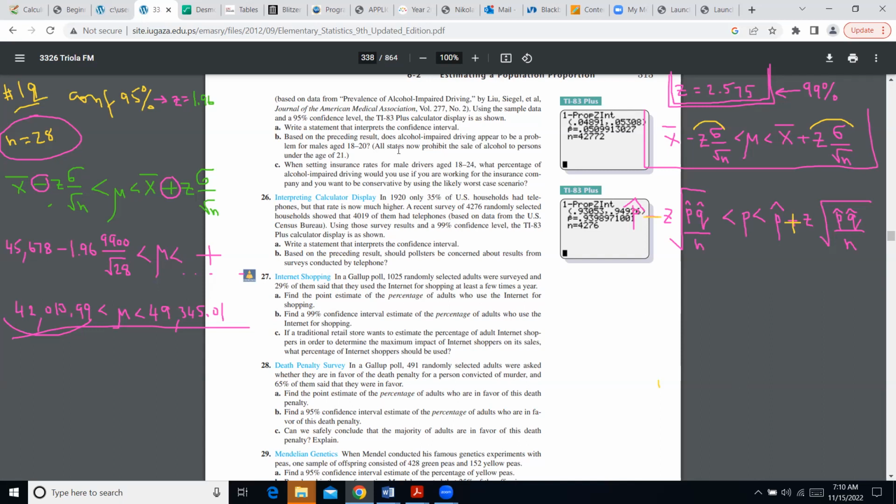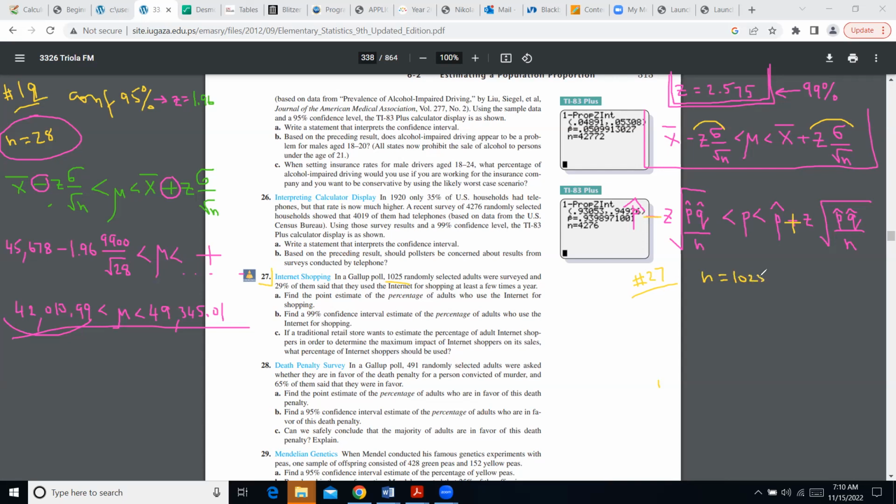So let's say problem number 27, the internet shopping. So they did the poll of over 1,000 people. It's exercise 27. And they wanted to see how many people actually do the shopping online.